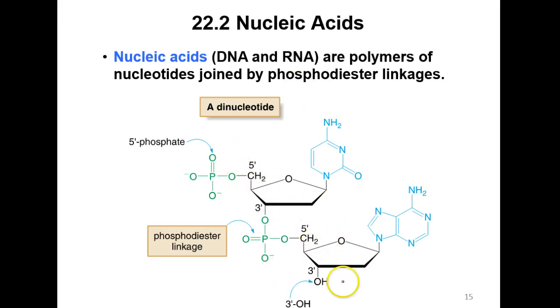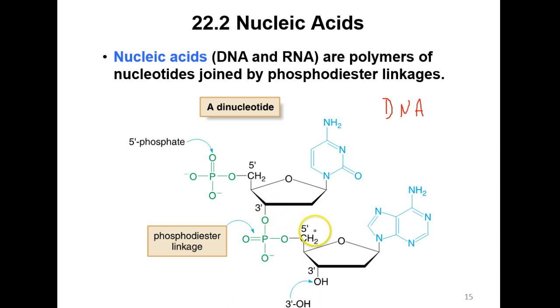If you notice, here we had one of our nucleotides, and then we joined another one, and notice it joined at the OH group. So this is DNA. Notice the 3 OH, the oxygen on the 3, joined up with the phosphate that's attached onto the 5.